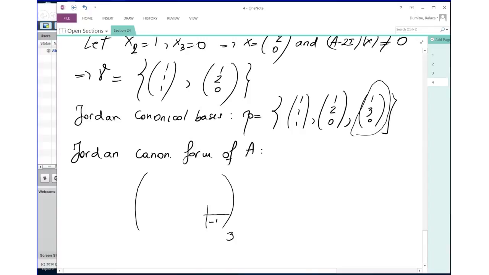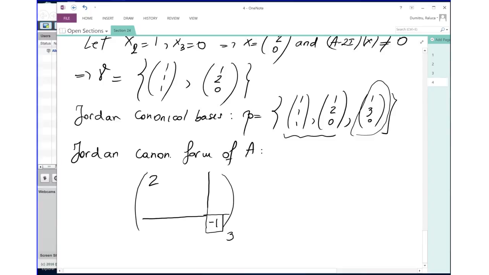So it's one block with entry the first eigenvalue, which was -1. That was because K lambda 1 had dimension 1. K lambda 2, which corresponds to those two vectors, has dimension 2, and the basis was a single cycle of length 2.